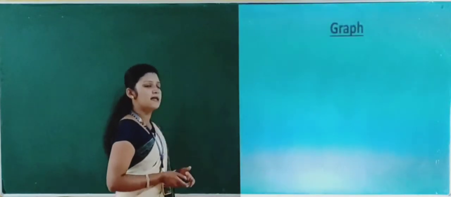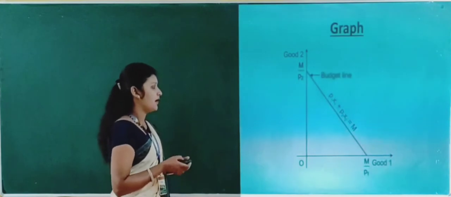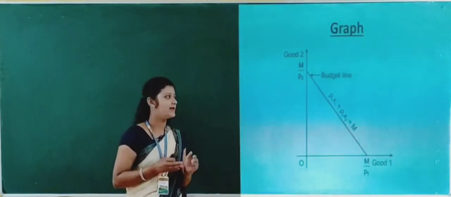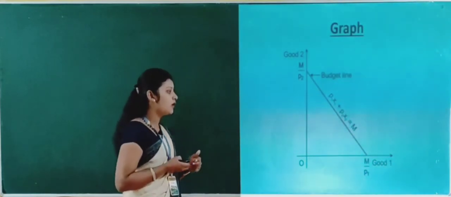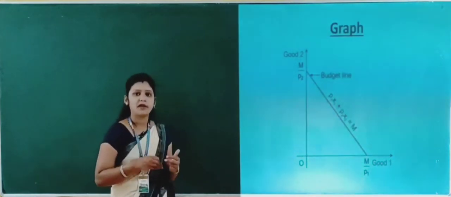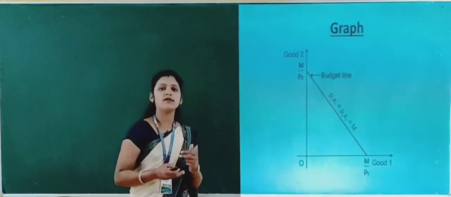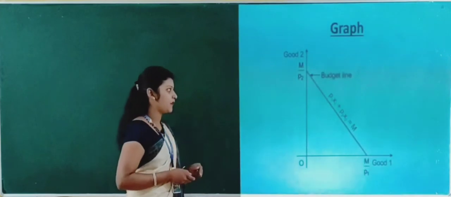Now let's see the graph of the budget set. This graph will explain the budget set. This is just like the budget line, but here the consumer can prefer to buy those commodities which cost him less than or equal to his money income.